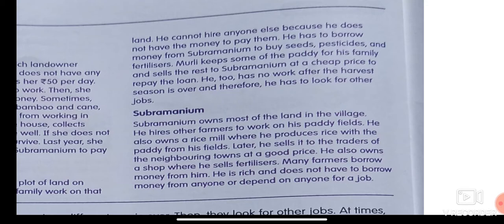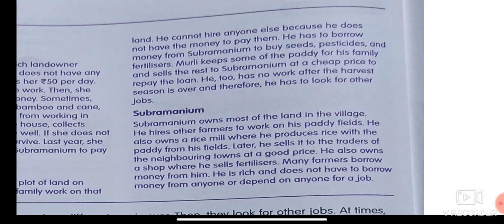Murli keeps some of the paddy for his family and sells the rest to Subramaniam at a cheap price to repay the loan. He too has no work after the harvest season is over, and therefore he has to look for other jobs.